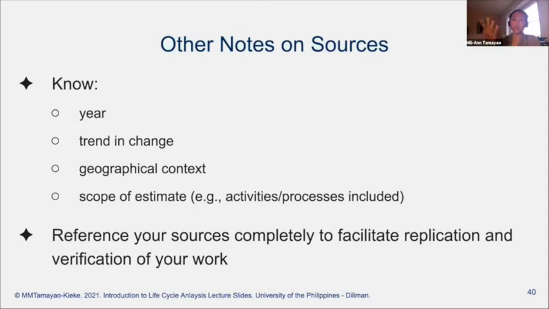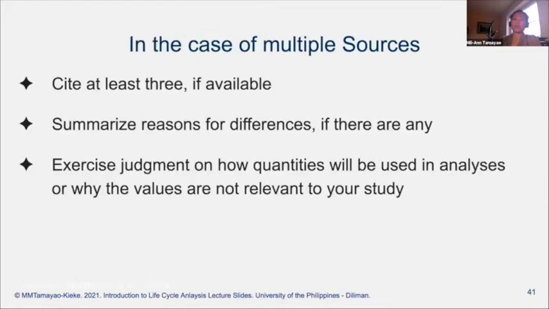Year, trend in change, geographical context, scope of estimate, or maybe the way they analyze the data, so the way they model the life cycle analysis. As I mentioned in the discussion of the syllabus, there are 3 main methods. Baka magkakaiba sila ng ginamit. So you have to cite these differences.